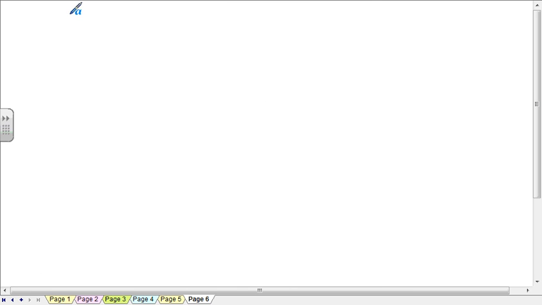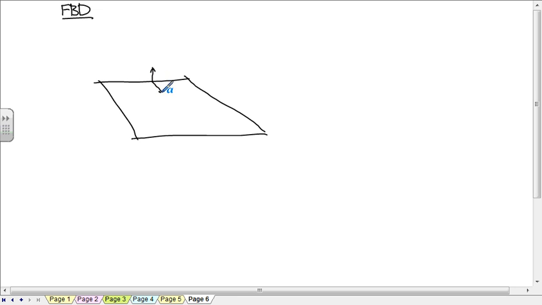Okay, so the free body diagram looks like this. We have a force vector R, and we have a couple with a component in the y direction and a component in the x direction.